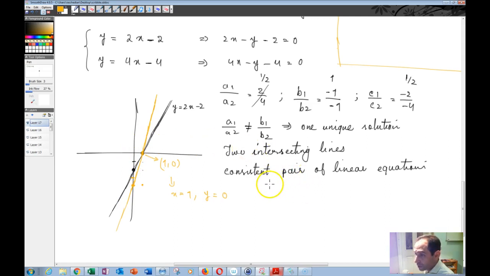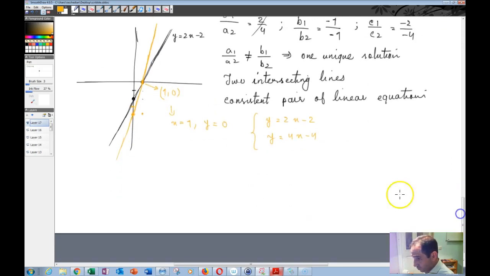So my equations are y is equal to 2x minus 2 and y is equal to 4x minus 4. Okay, so I call this number 1 and call this number 2. So I take equation number 1, and you don't even need to do anything here.